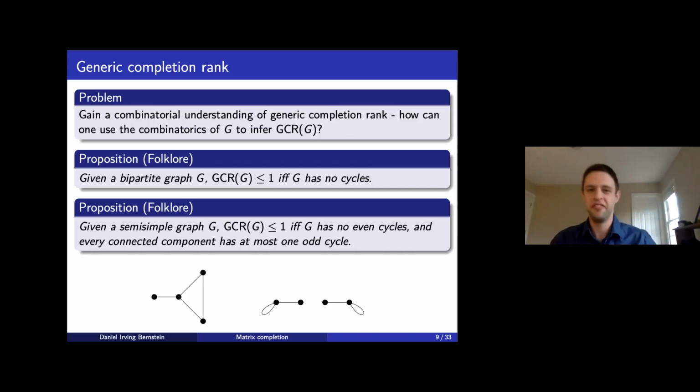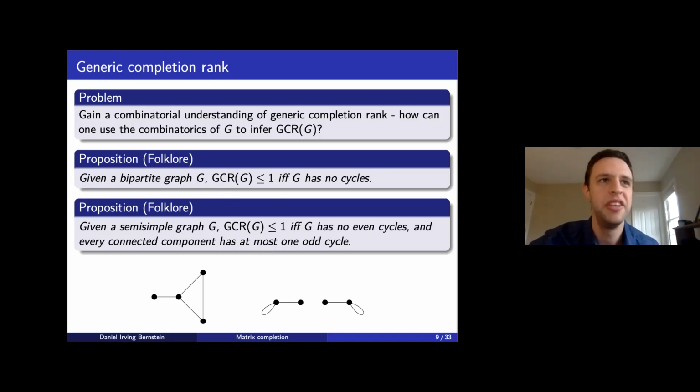Yeah, so a basic combinatorial question that you can now ask is how generic completion rank depends on the graph. Here are 2 results that are quite satisfying, and not difficult to prove.